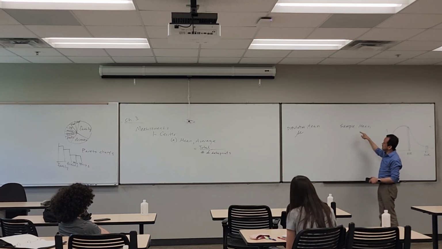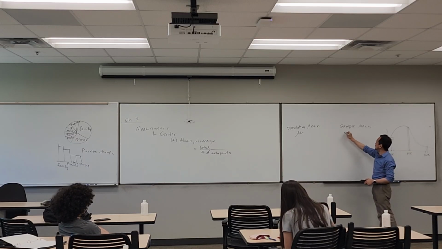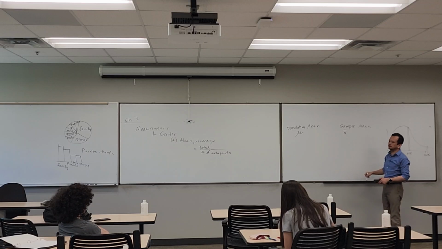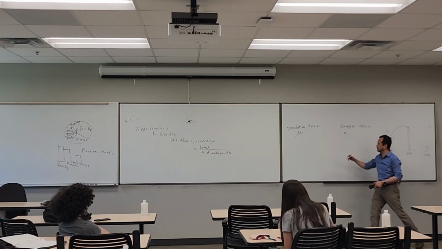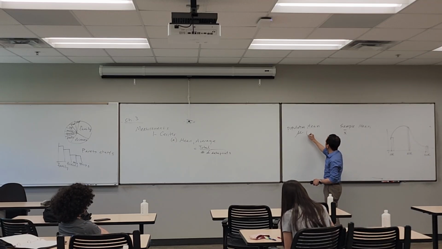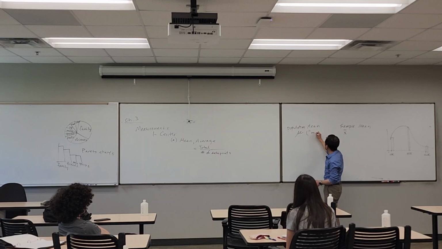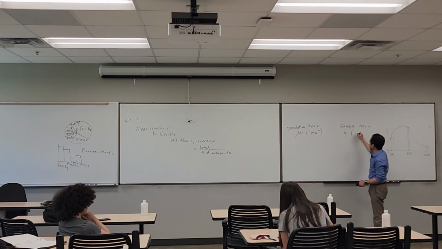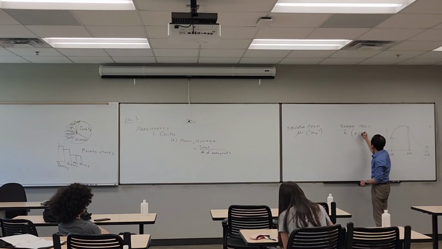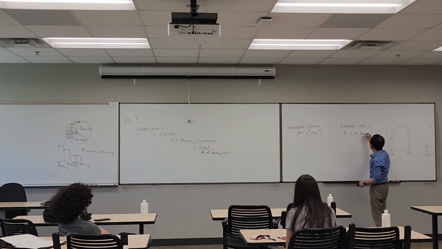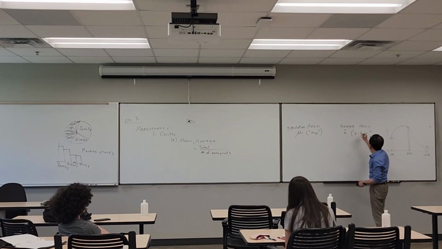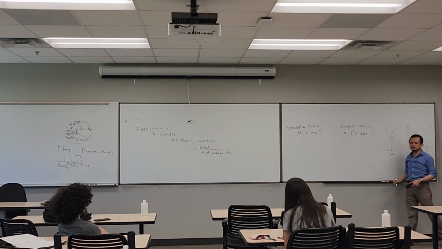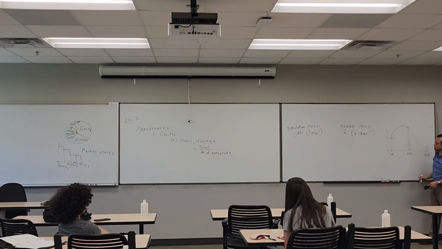The sample mean is given by this symbol, X with a bar over it. And so the population mean is read as mu. The sample mean is read as, not so creatively, X bar. Any questions?